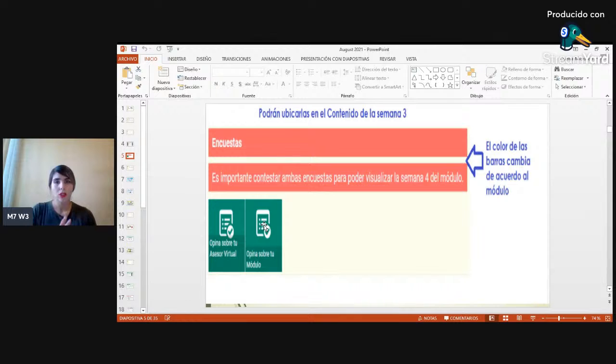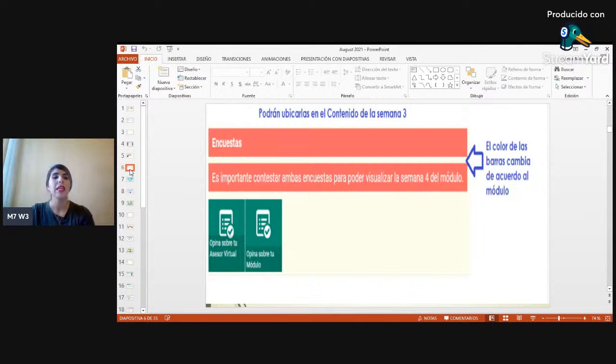It's like a key to open the door to model 7, week 4. During week 3 we do it, so we can start week 4. If we don't do it, we won't have the key to open week number 4. So please try to do it on time and do it correctly, and it's about your opinion.